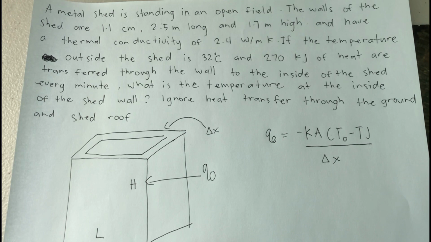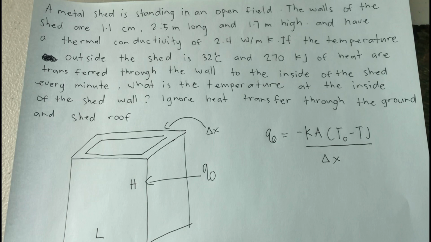We have most of the information needed to solve this problem. We have Q, we have K, the thermal conductivity, we have delta X, the wall thickness, but we need to figure out the area of heat transfer. This is the area the heat is transferring through.